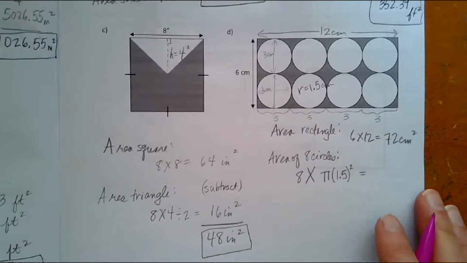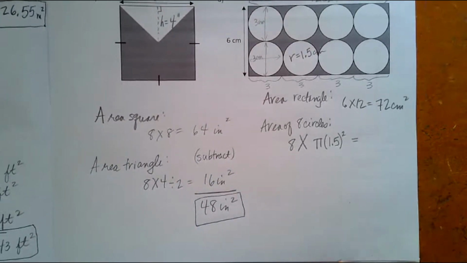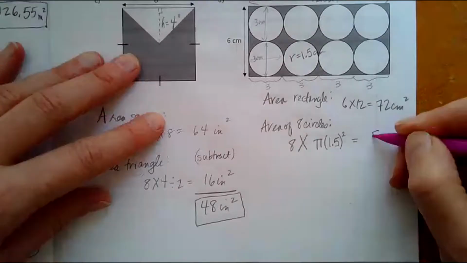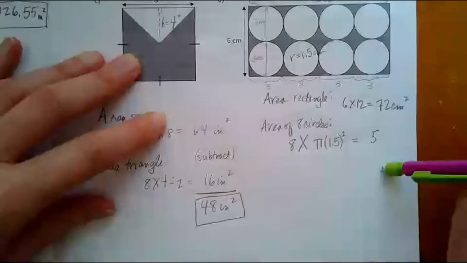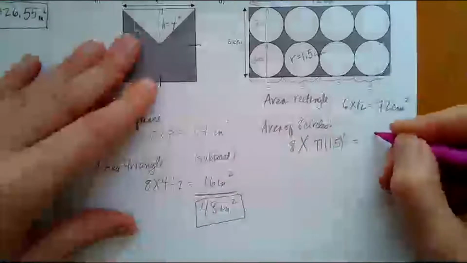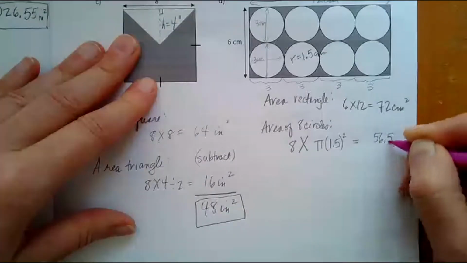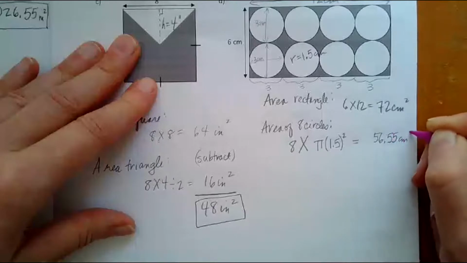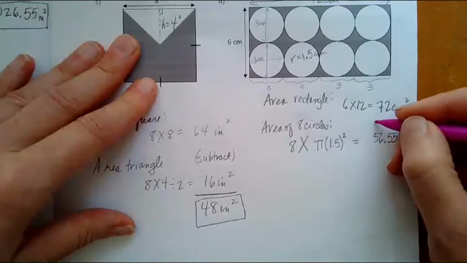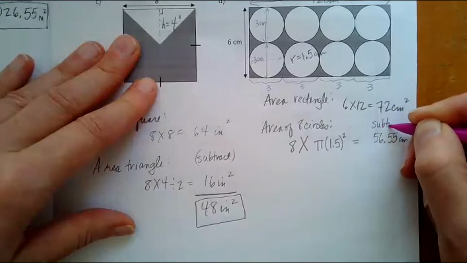Okay, so I'm going to do this all in my calculator at once. So pi times 1.5 squared times 8 gives me 56.55 centimeters squared.